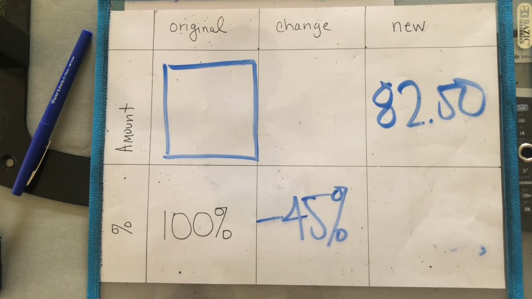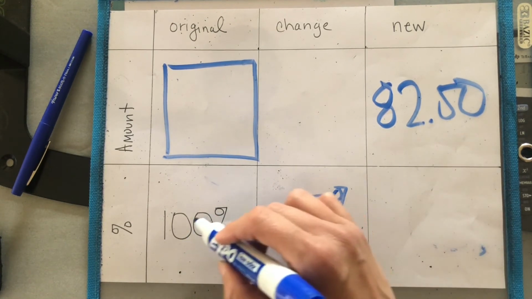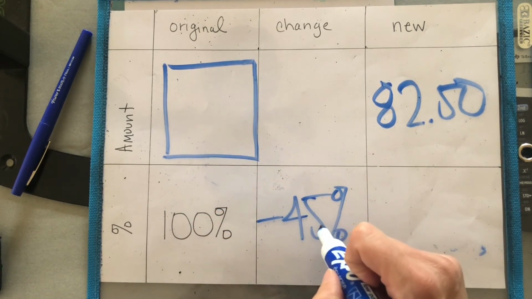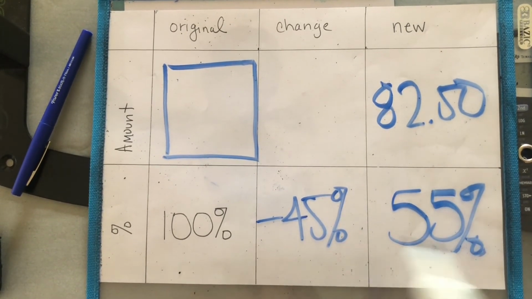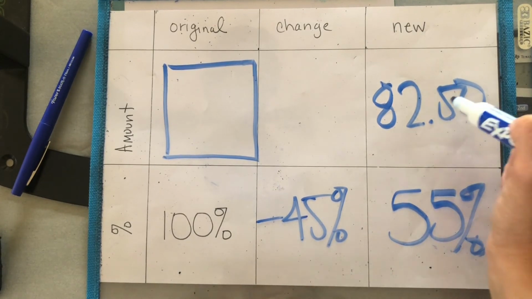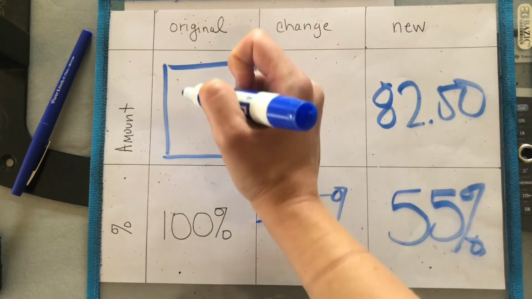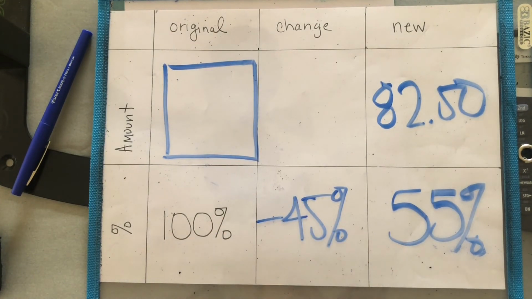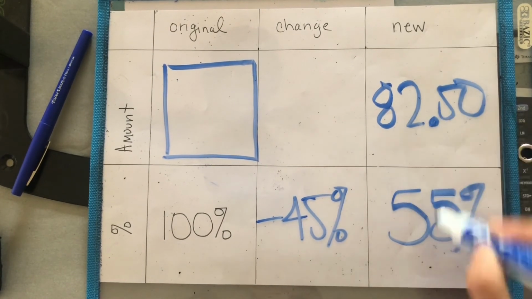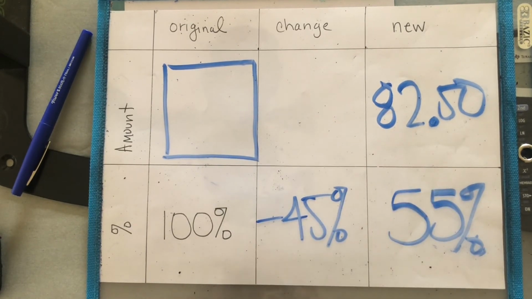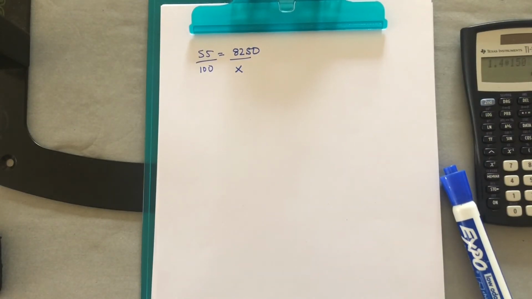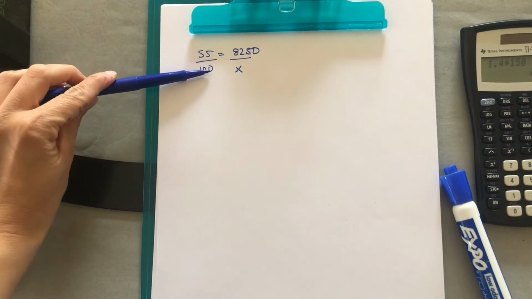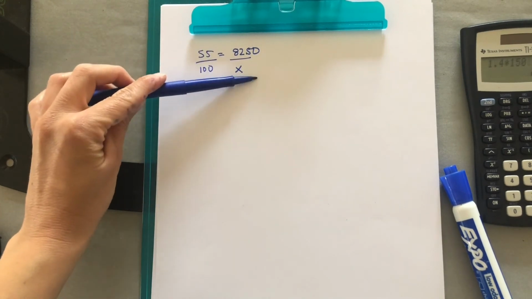Now the other box in this grid I can fill out right now is this one, because I know that if I start with 100%, decrease it by 45, that's going to be 55%. So I have 55% of my money, and I know that that's 82.50, and I'm looking for the original. So what I have here is the part, the 55%, and I'm looking for the whole. So if I'm going to solve that with a proportion, I would say 55 out of 100 is equal to 82.50 out of some whole.